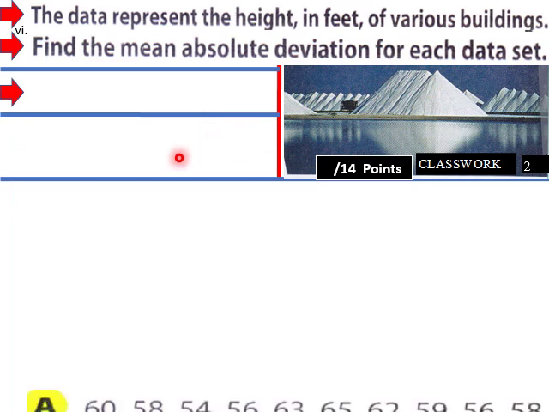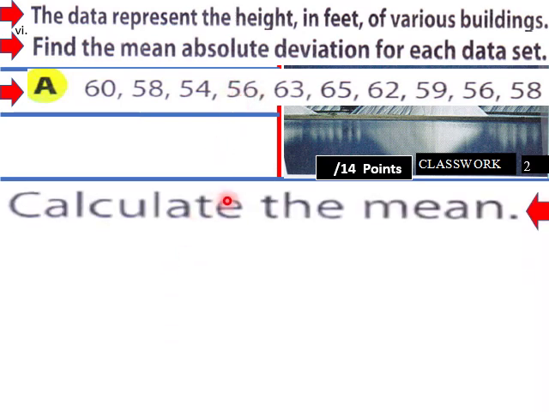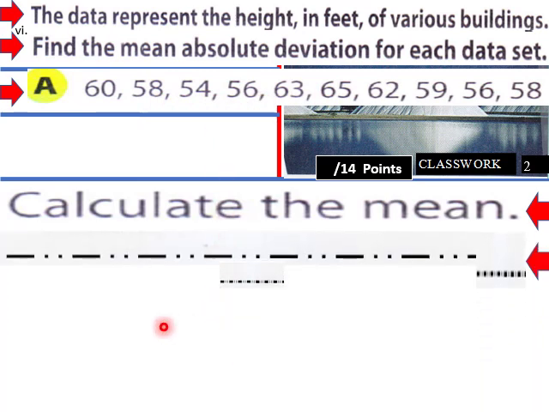So for A here, we have 60, 58, 54, 56, 63, 65, 62, 59, 56, and 58. So this is a set of data for various buildings. These are heights. So we need to calculate the mean of this set here. How do we do that, students?